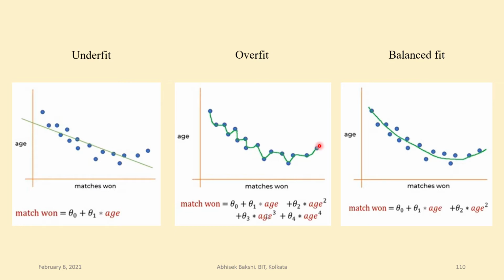But you know, this particular curve may fit very well for the training data set, but if you consider there is a point somewhere over here, then according to the curve, it will not be good at estimating the corresponding probable age if the number of matches is something like this point.